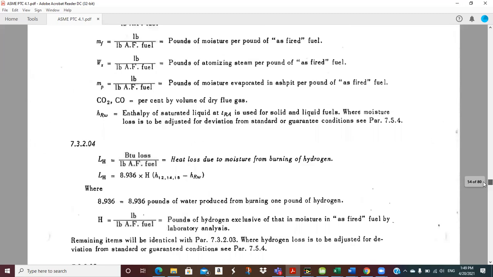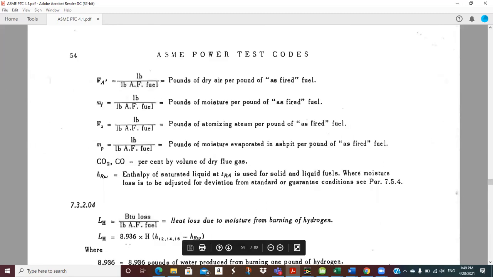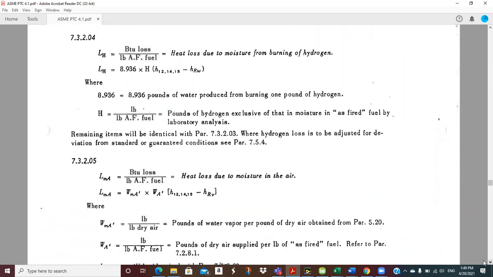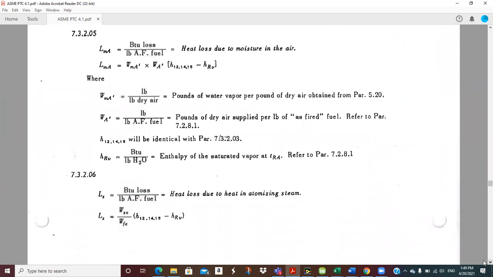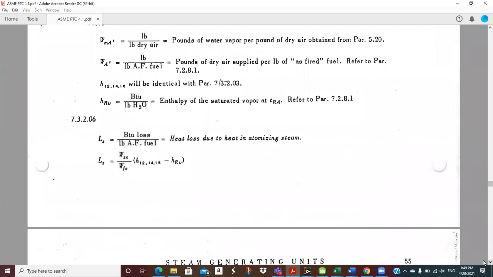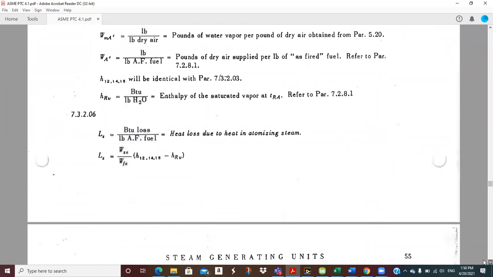So this is where you get down to L sub H, and it gives you an equation, and then you have to run down all of these different variables. I was going to say, I don't know if I saw L sub Z, I might look at that. LMA, heat loss due to atomizing steam.